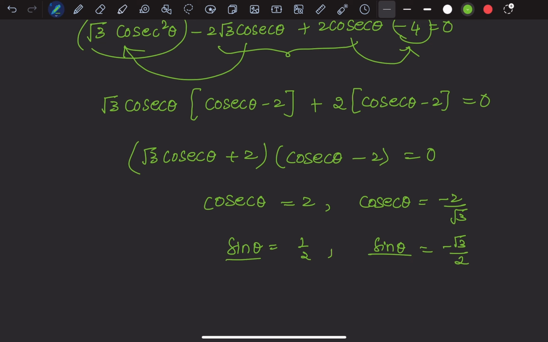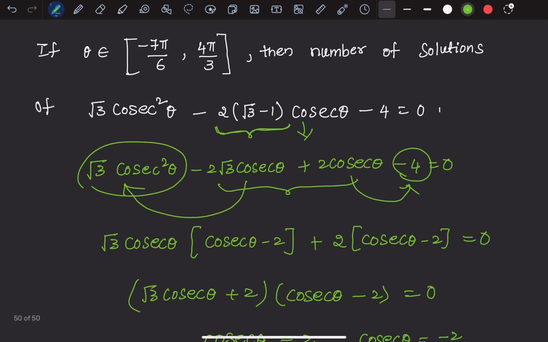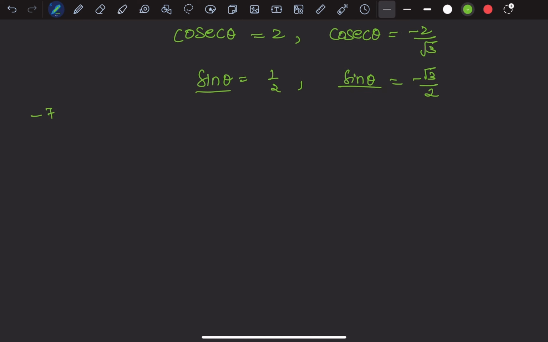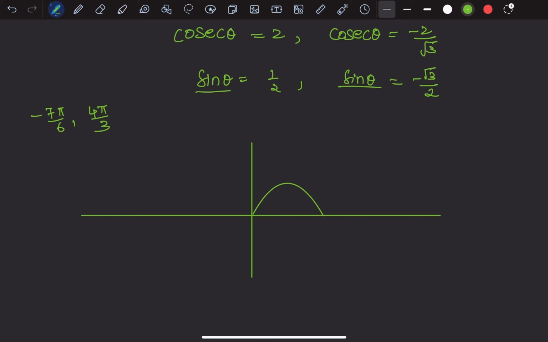Now you draw the graph of sin theta in this interval, minus 7 pi by 6 to 4 pi by 3. Alright, so this is your 0 and this is your pi.